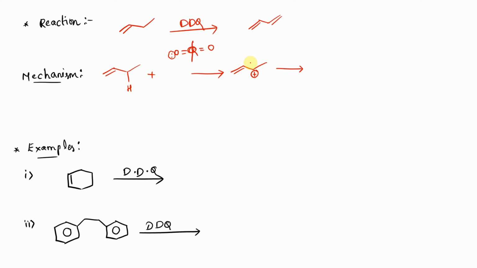So the reaction is simply, the first step is the removal of a hydride ion, that is H minus, and later the removal of an H plus ion. Since we have removed H minus, the remaining charge on the carbon is positive, forming a carbocation.